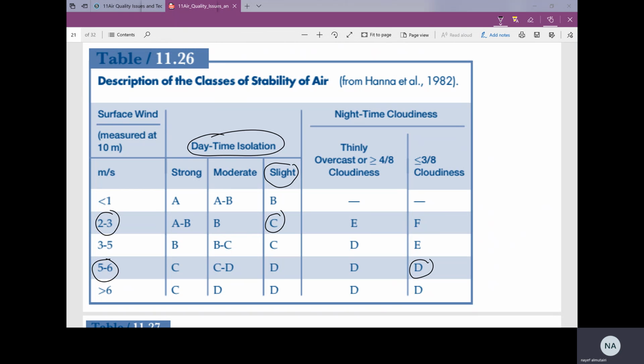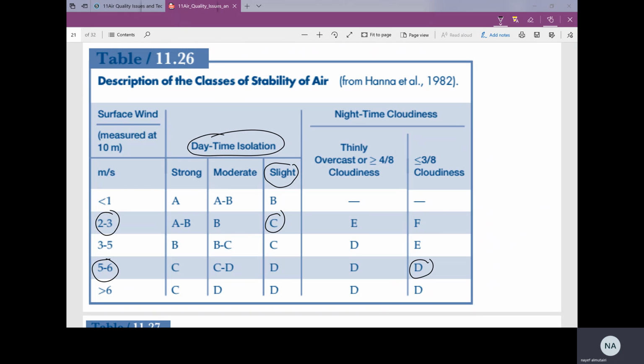I will give you the description of the atmosphere. Of course, the stability of the air today is not like the stability of the air yesterday. Stability keeps changing with time. In the morning, different than noon, different than night.